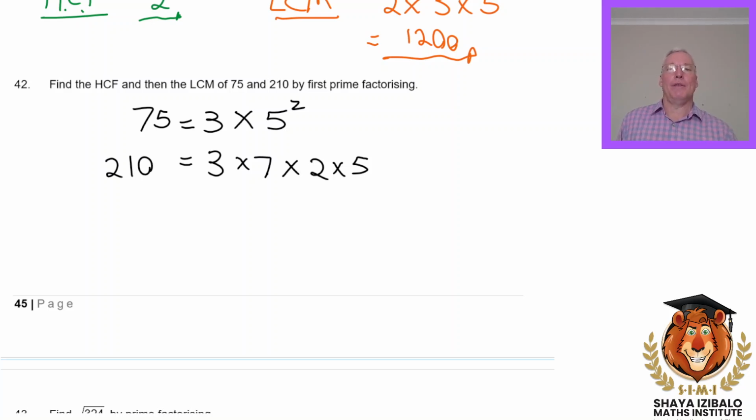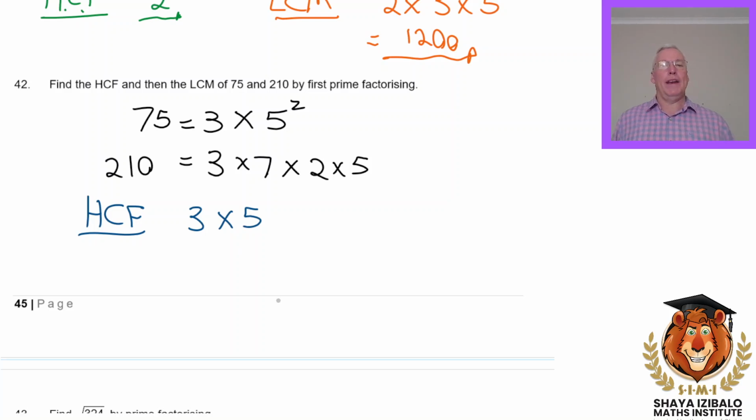Okay, let's find the HCF. Remember, for the HCF, we're only going to write down the bases that exist in both numbers. So we're not going to write down 7, and we're not going to write down 2. We're only going to write down the 3 and the 5. And with the HCF, we need to take the smallest number that's in each. So we're going to take one 3 and one 5.